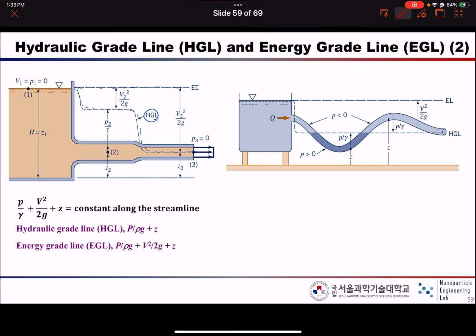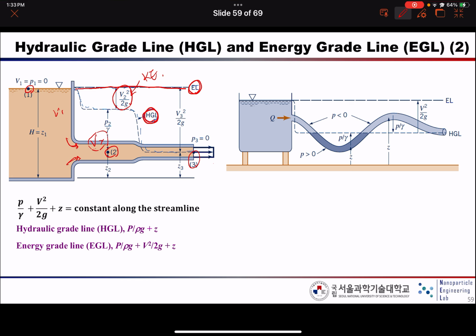As you notice, the energy line is always constant from 1, 2, 3. But for the hydraulic grade line at this orifice or nozzle, because the area decreases, the velocity V2 is much larger compared to V1. It changes as what?